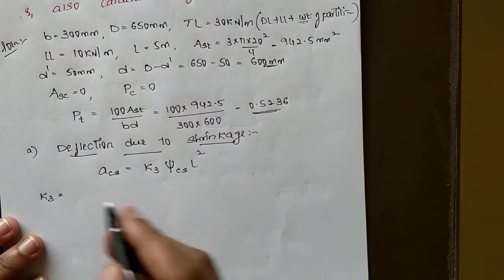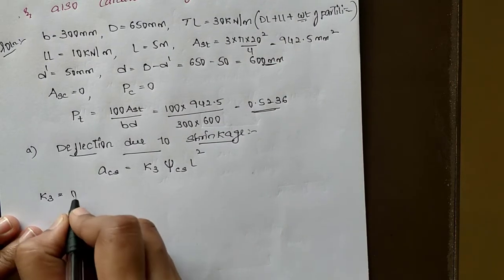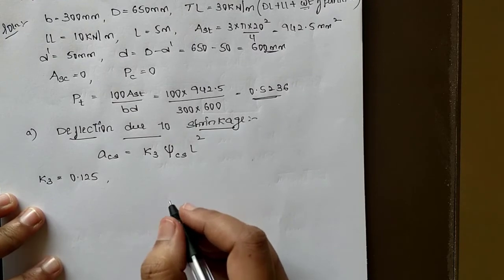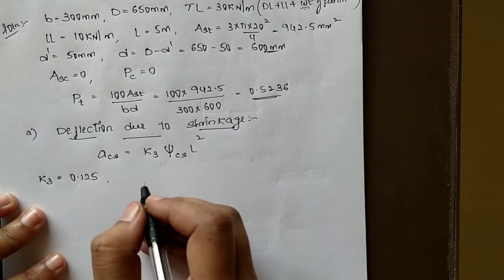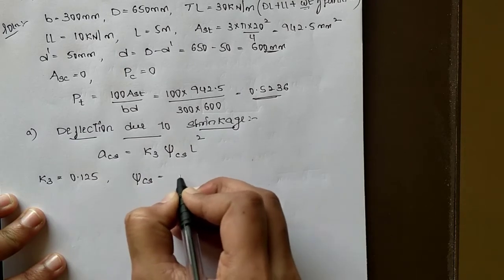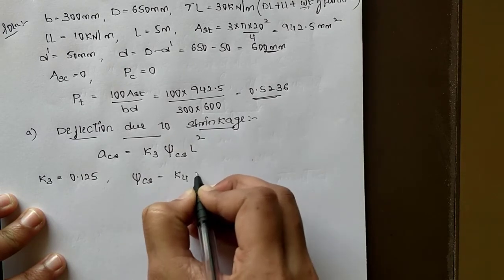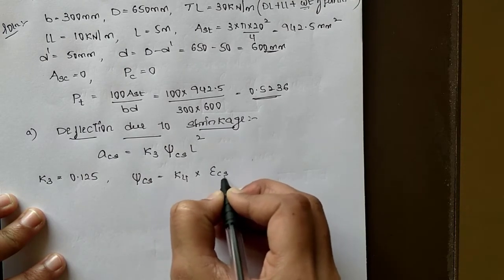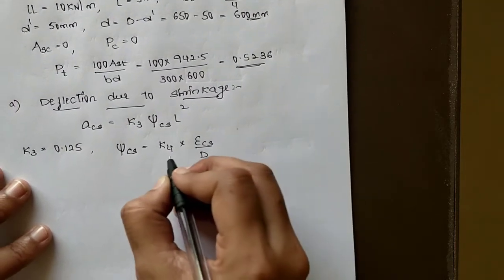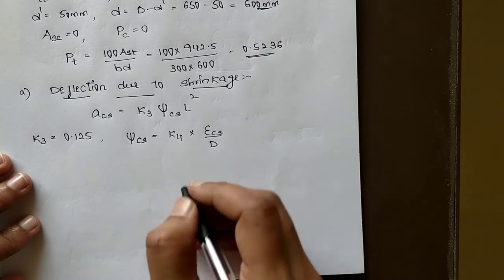Take down, K3 is now 0.125. Next you calculate xi cs value. It is given by K4 into epsilon cs divided by D value. Then calculate the K4 value.